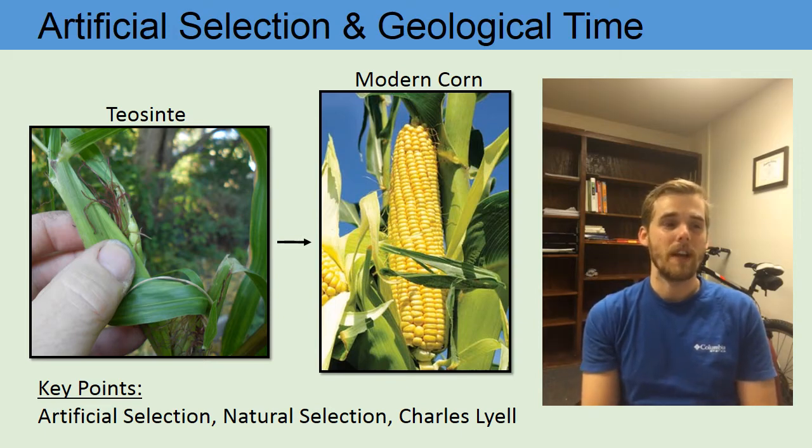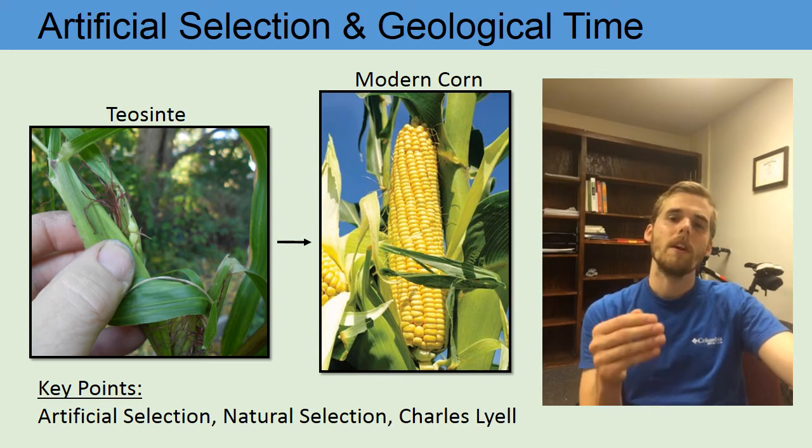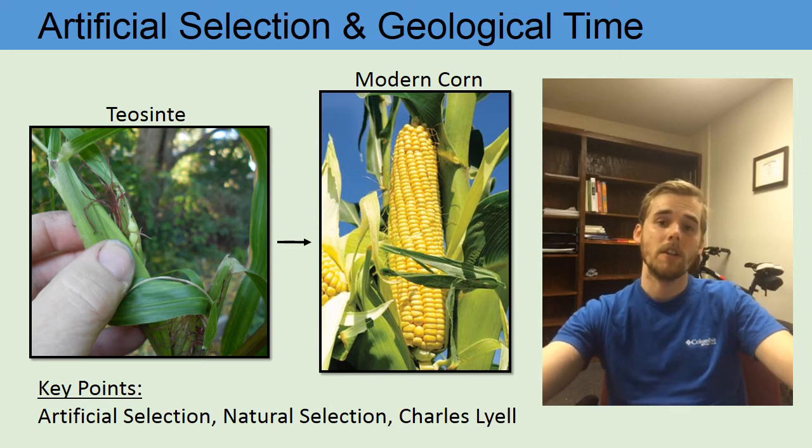So artificial selection. Darwin had the idea that this process also occurs in nature as a result of differential survival. That in nature, some individuals are a little bit better at survival than others, and therefore their characteristics are the ones that are transmitted into the next generation.